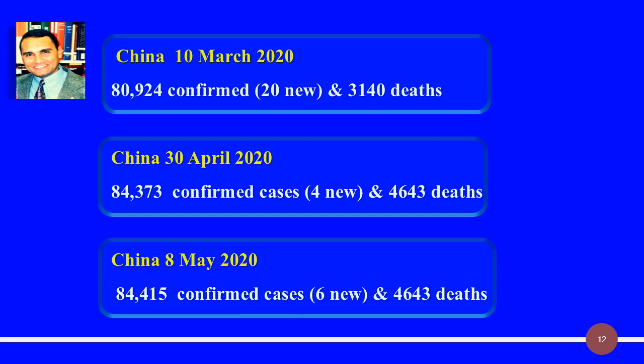On 8th of May, the officials of China said that the total number was 84,415 confirmed cases with 6 new cases for the same day, with the deaths at the same level.